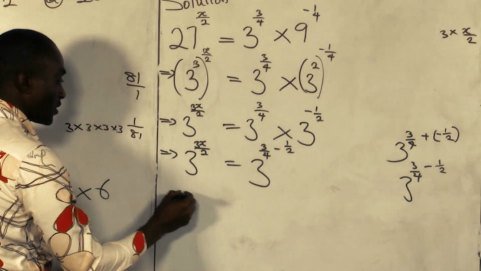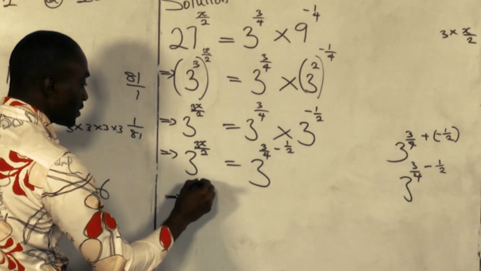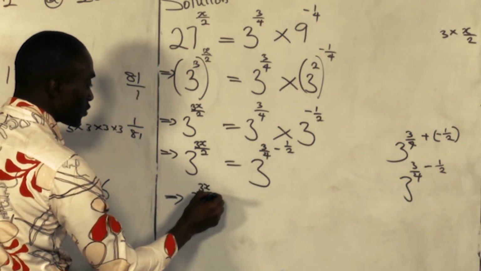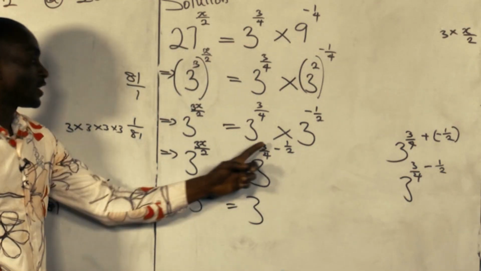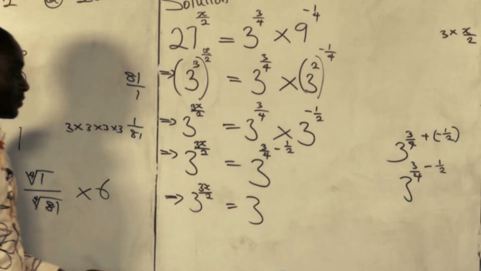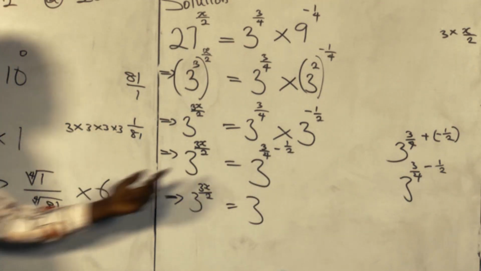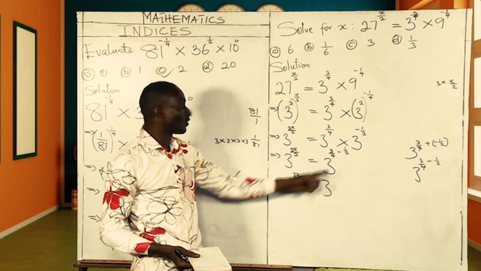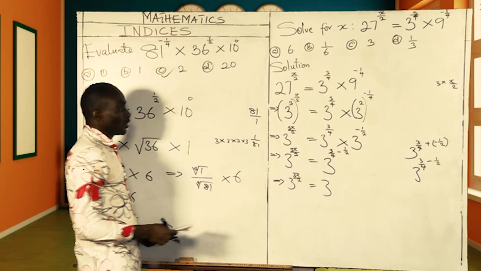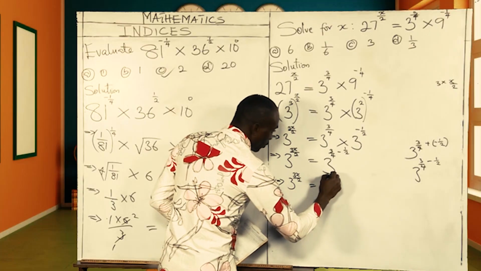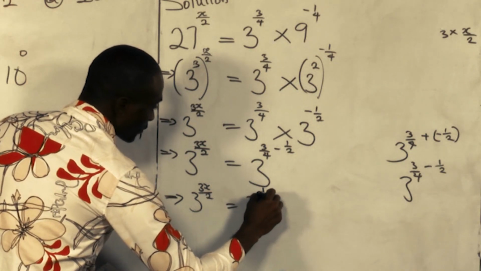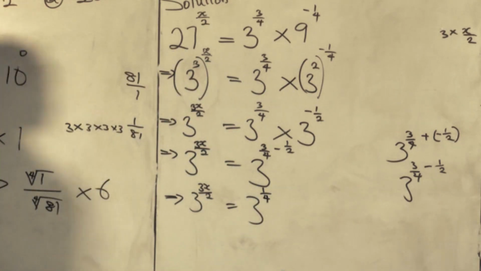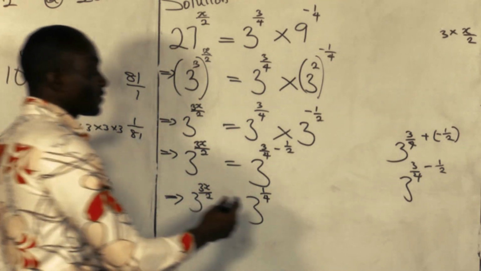So this will give us 3 raised to the power 3x over 2 equal to 3 raised to the power 3 over 4 minus 1 over 2. What will that give us? If you subtract 1 over 2 from 3 over 4, it's going to give you 1 over 4. Let's find it out.